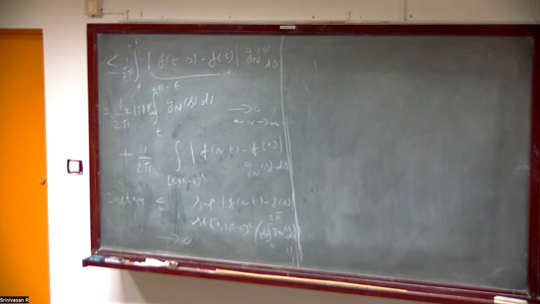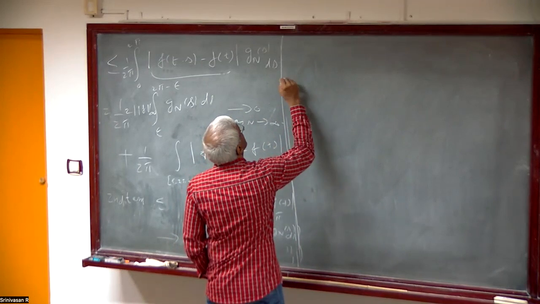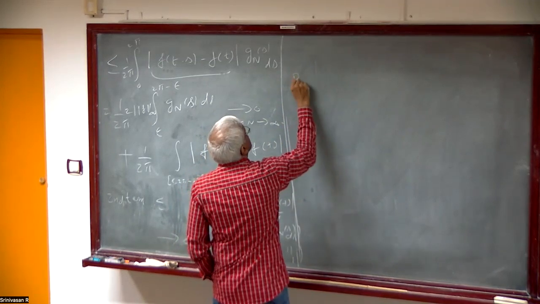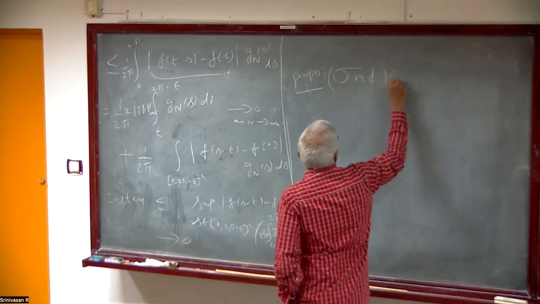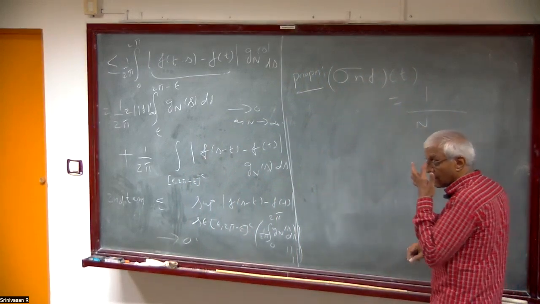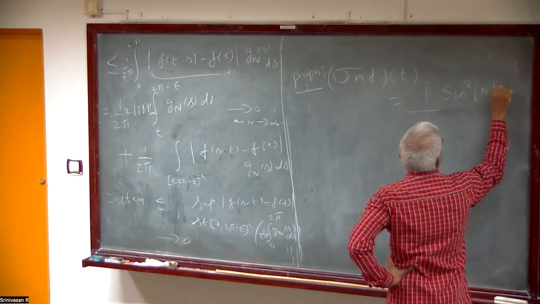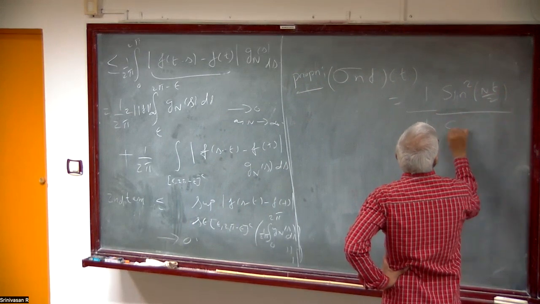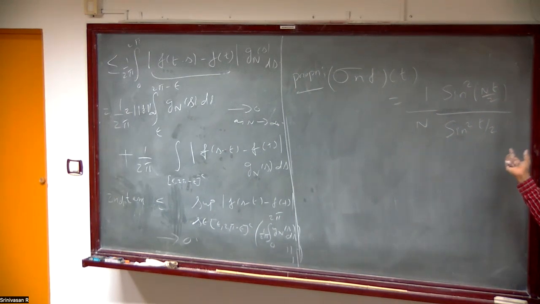I haven't calculated what that is, so let's calculate sigma_n. Proposition: sigma_n f at t equals 1 by n, sin square(n t by 2) over sin square(t by 2). I'm not talking about the endpoints. I'm not writing this. Actually, the endpoints. See, even this D_n.